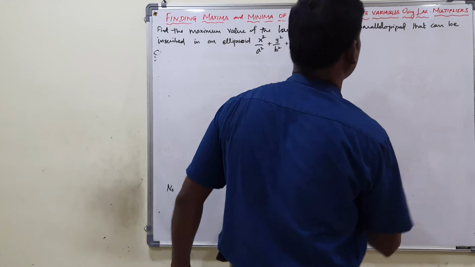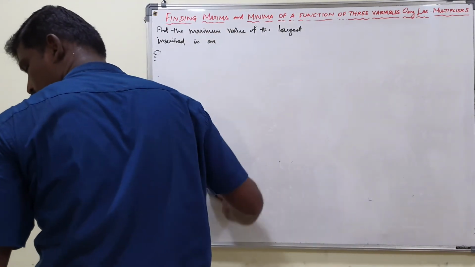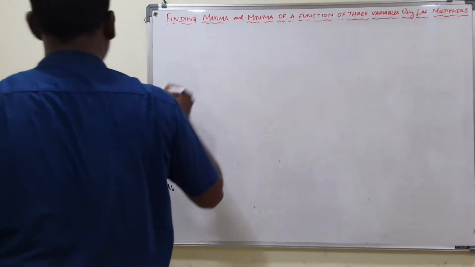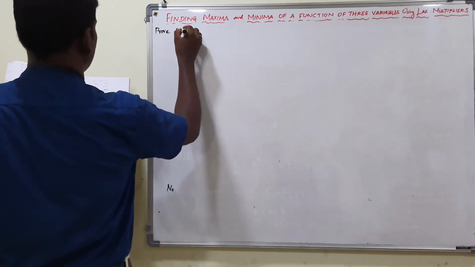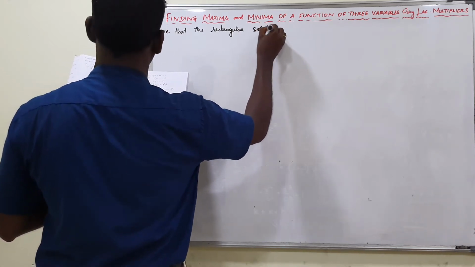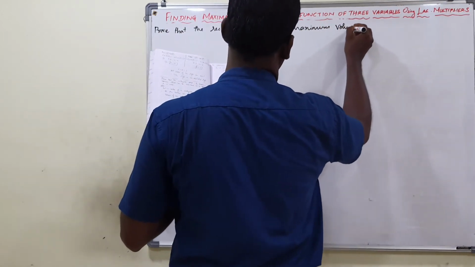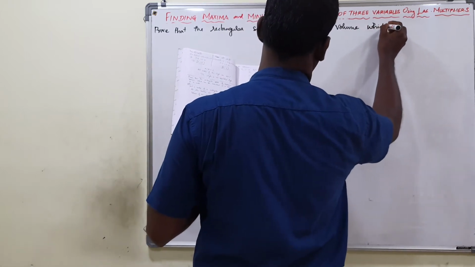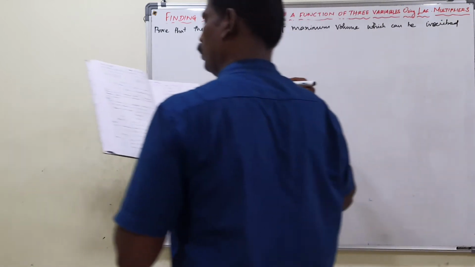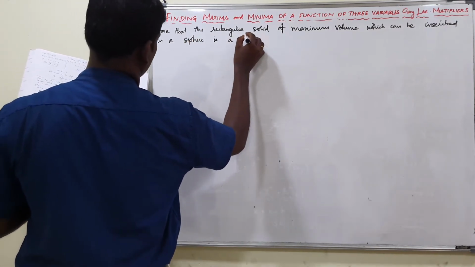Next one. Prove that the rectangular solid of maximum volume which can be inscribed in a sphere is a cube.